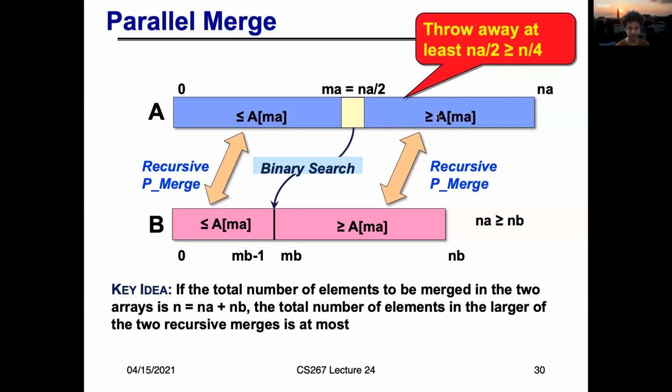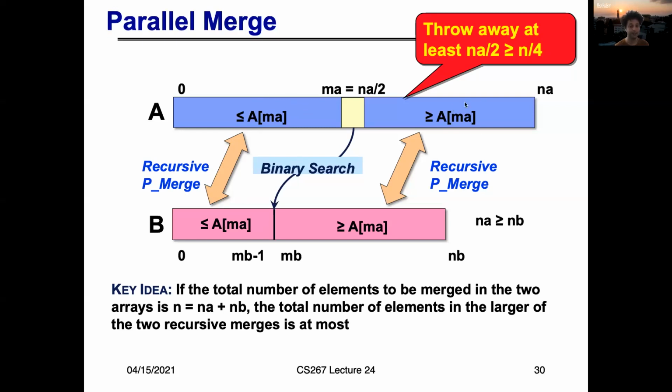Since A was the larger of the lists, these subcomponents have at least size n over 4, which means each one of these recursions is recursing on a problem that is less than or equal to 3n over 4, right? Because this part doesn't include something of quarter size, and this recursion doesn't include something of quarter size.